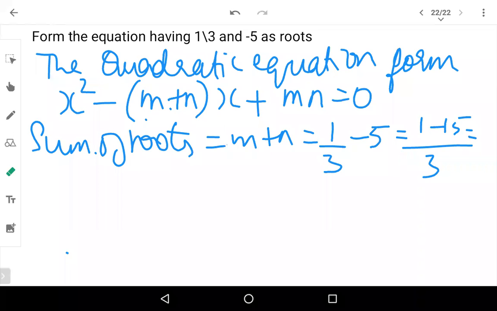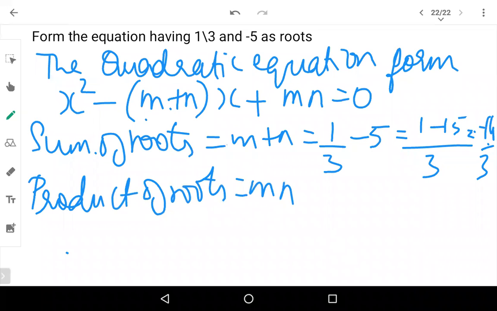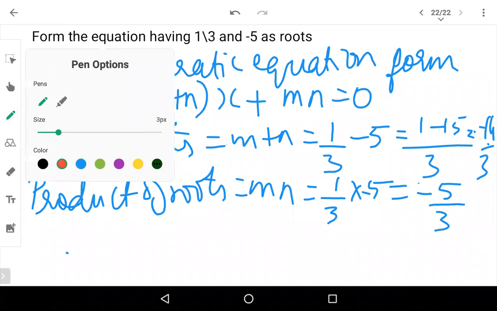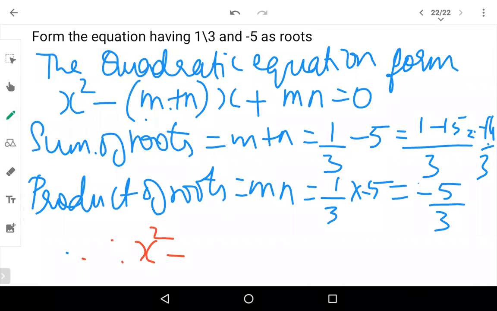Form the equation. x square minus (m plus n is minus 14 by 3) and then again x minus 5 by 3 is equal to 0.